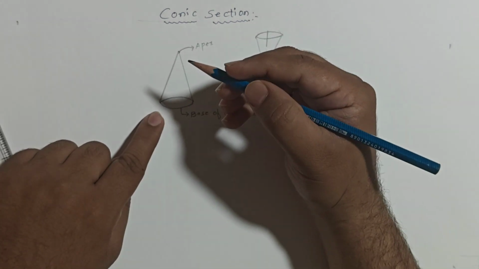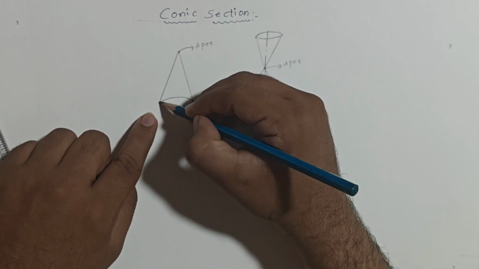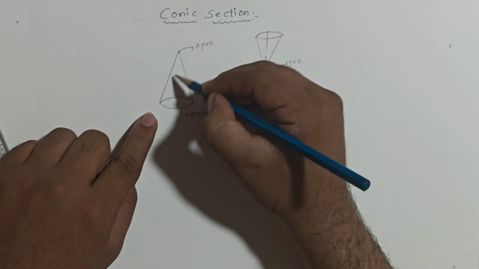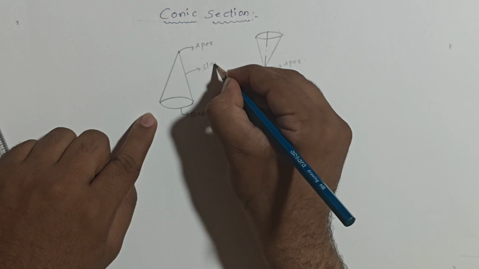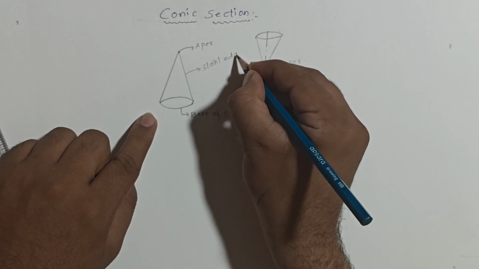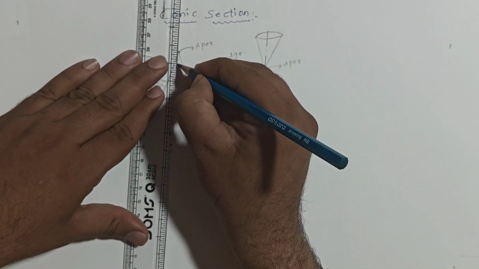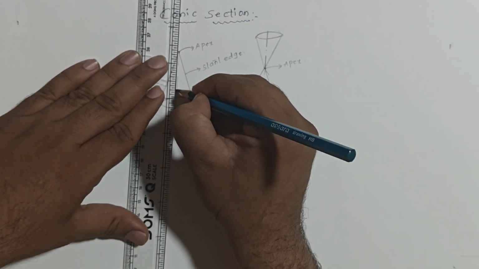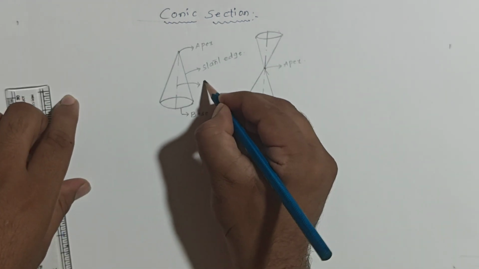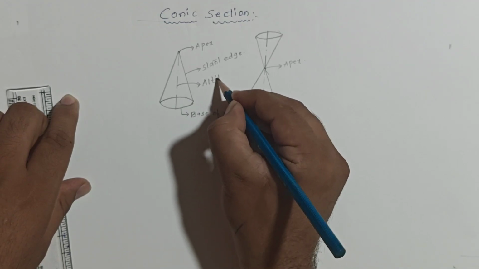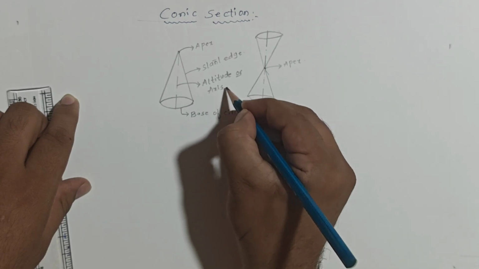Clear? The line joining the topmost point, the apex, to the base circle, toward the left hand side and toward the right hand side, is called the slant edge. Okay, and then the center line or axis line is called the altitude line. This line is called the altitude, or we can say the axis of the base circle. Clear?